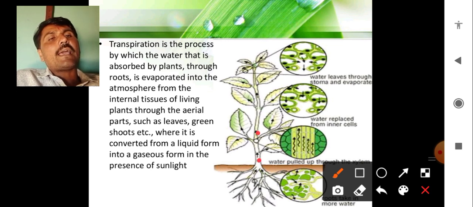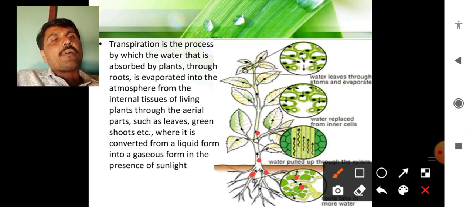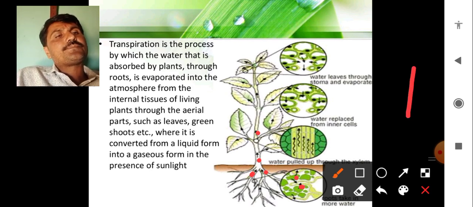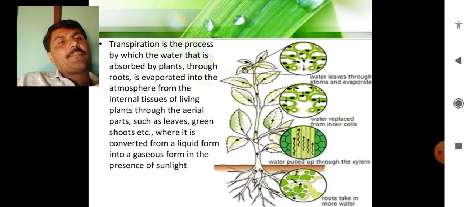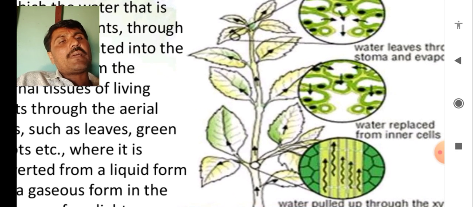I am putting a dot on the arrows so that you can see how the water molecules move towards the stem with the help of the xylem and phloem. Water is pulled up through the xylem. Look at this diagram, I am zooming in on this.